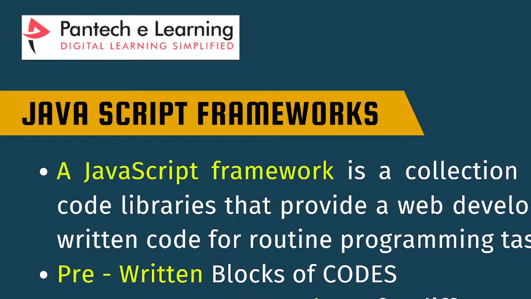So a JavaScript framework is nothing but a collection of various JS code files that will provide a web developer with pre-written code. So already written, ready-made code is available, correct? While we are using that code for routine programming tasks, to repeat the task a number of times, it helps to have pre-written blocks of various code.